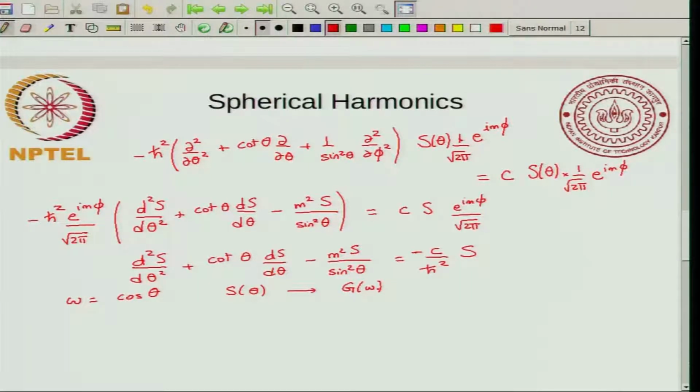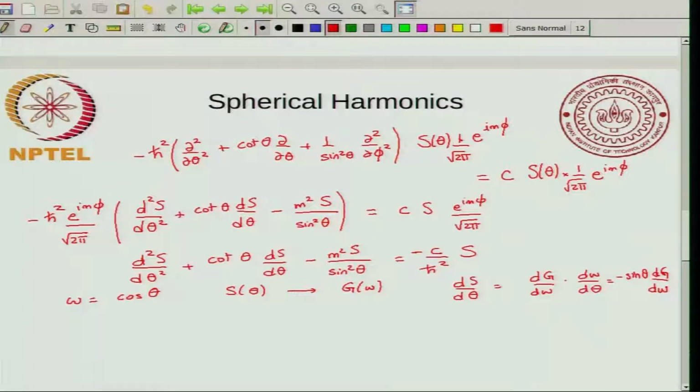So then if you take any derivative, ds by d theta is equal to dg by dw into dw by d theta, and dw by d theta is just minus sine theta. So I can use this iteratively. So this is just minus sine theta dg by dw.